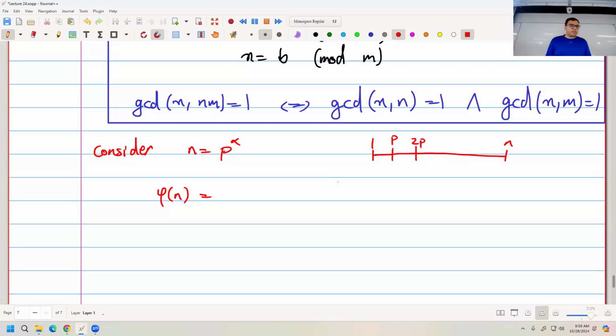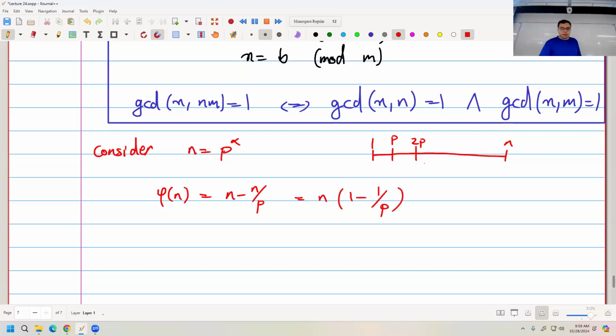But if it doesn't have a factor of P, then the GCD with N is going to be 1. So how many numbers here are multiples of P? N over P, right? So how many numbers are not multiples of P? N minus N over P. Which is, again, the same as N times 1 minus 1 over P.